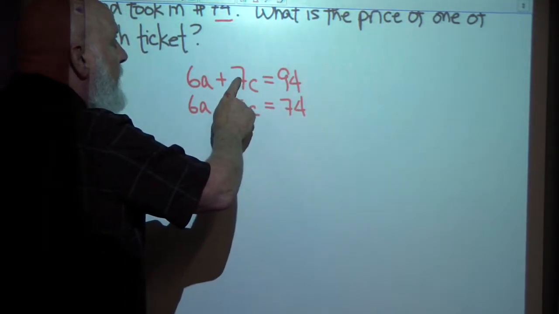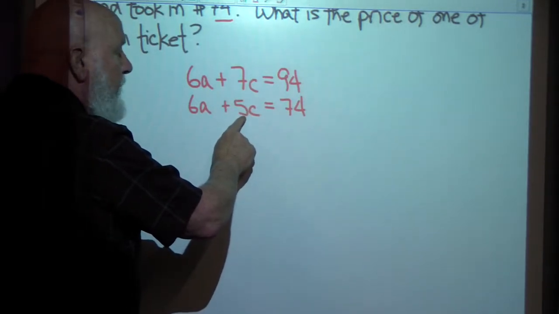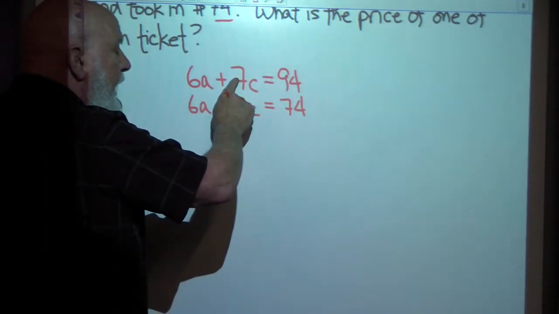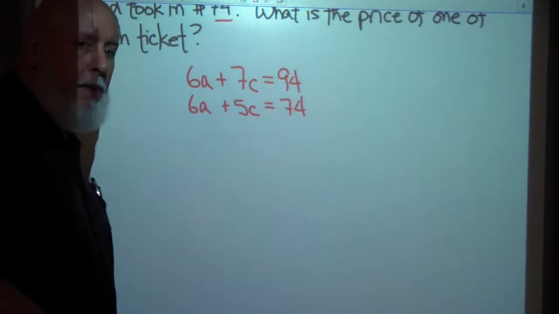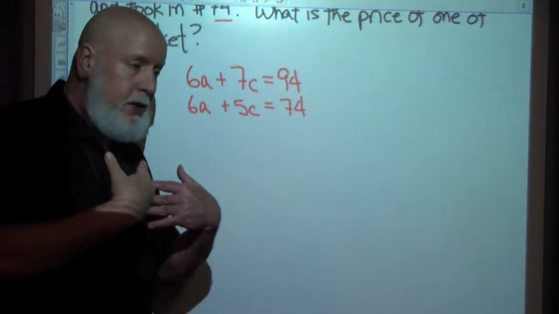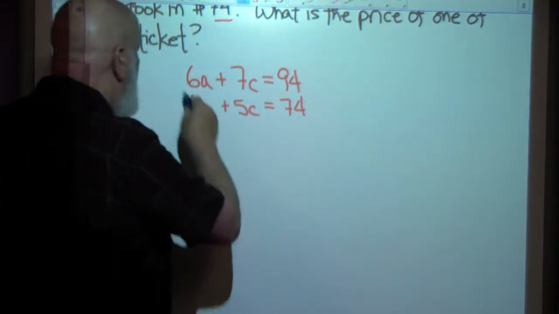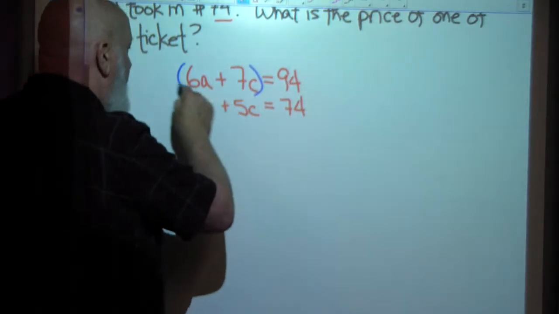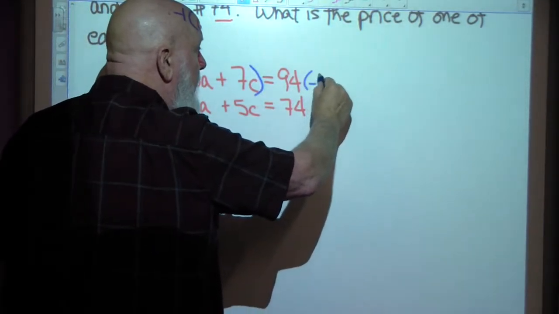Or I could multiply this one by -5 and this one by +7, and that would turn that into -35 and +35. So I can do either one of those things. I'm going to do what I think is easiest and multiply this one by -1. I've also got to multiply this -1 by everything else in this equation.